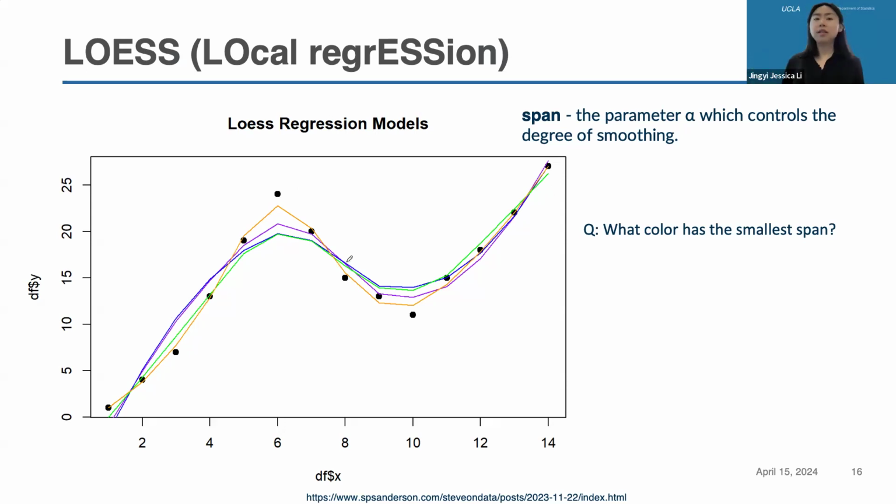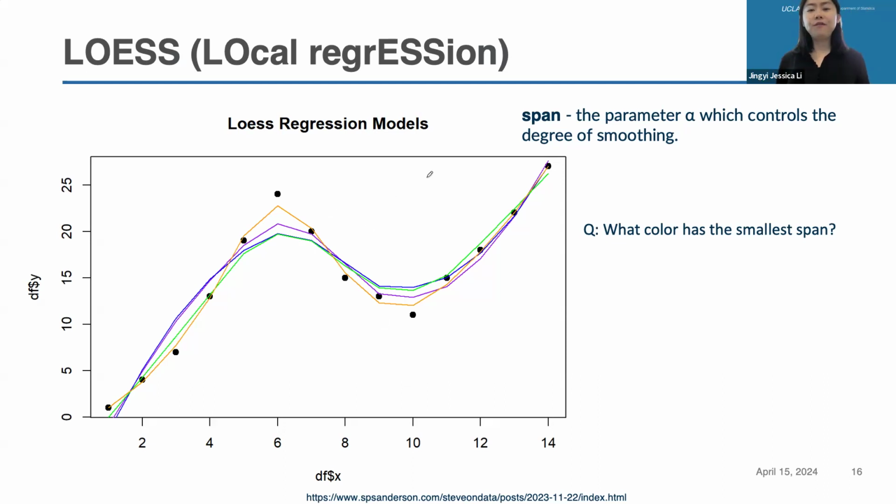In statistics, this is known as the bias-variance trade-off. The intuition is that when the curve is more smooth, it's farther away from your data points, and you call that bias. We have larger bias but smaller variance, meaning that if you have a different sample of data points and fit loess, you will likely get a more similar curve, because the curve is encouraged to be smooth instead of fitting the data points.